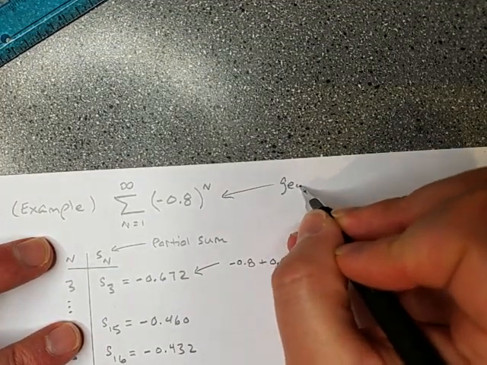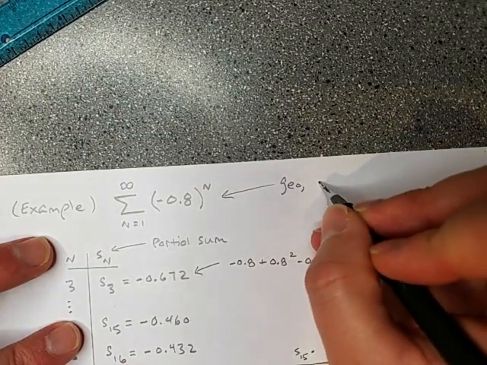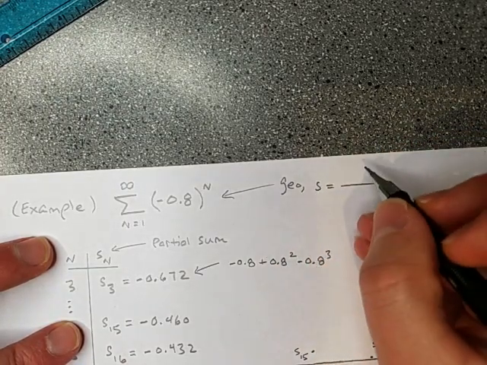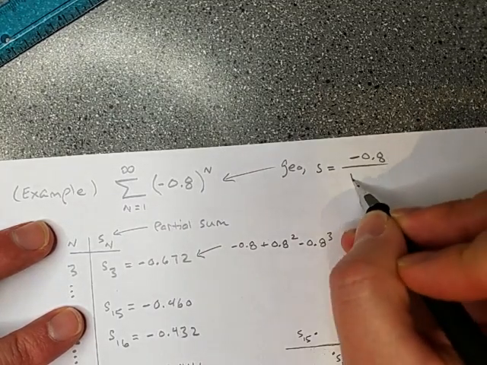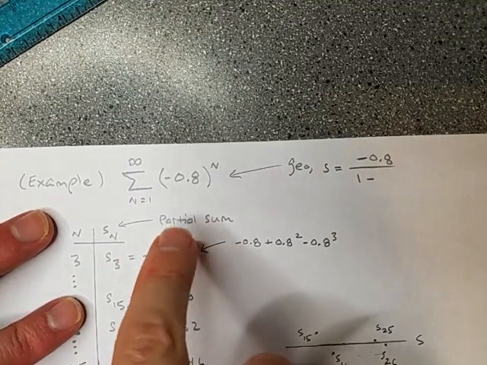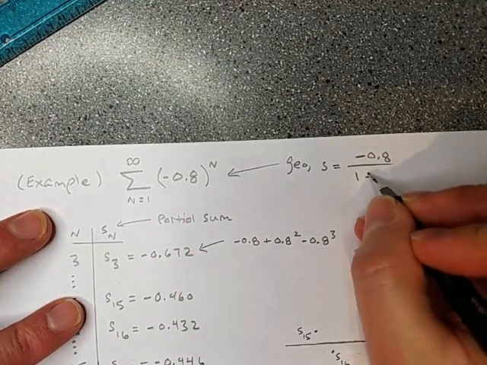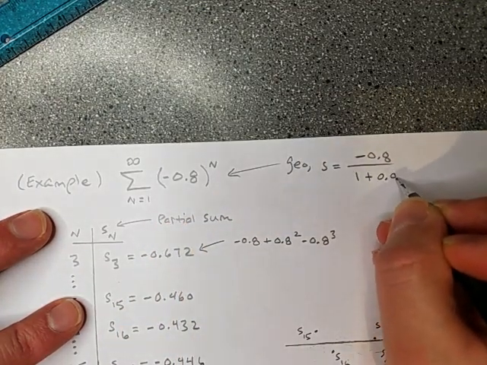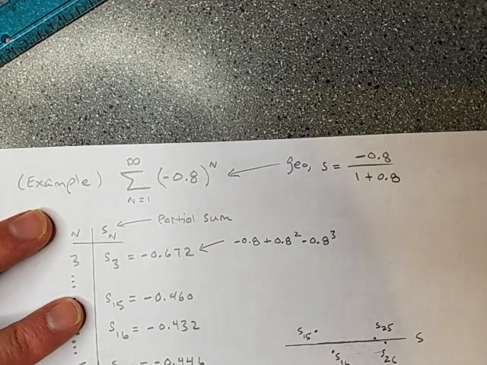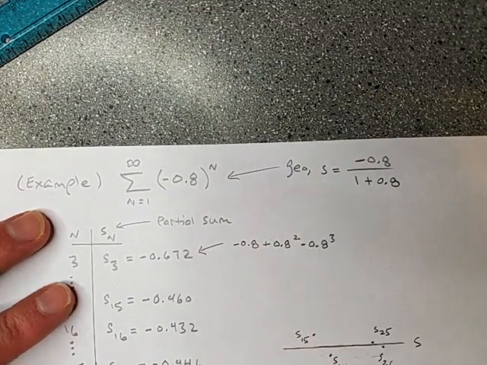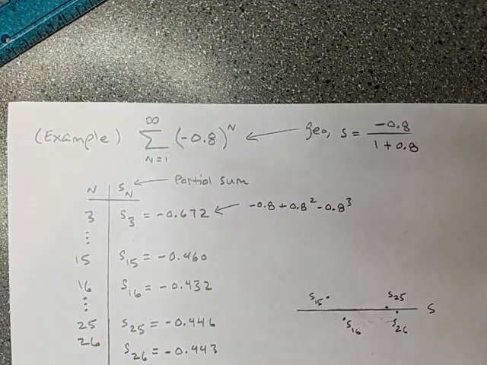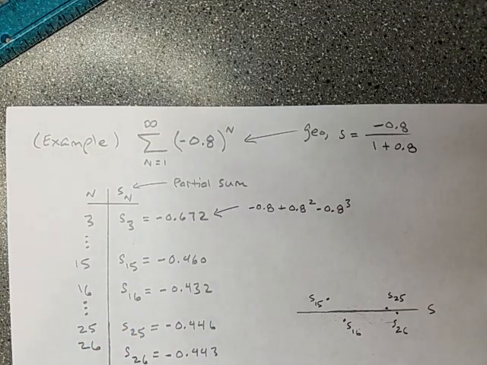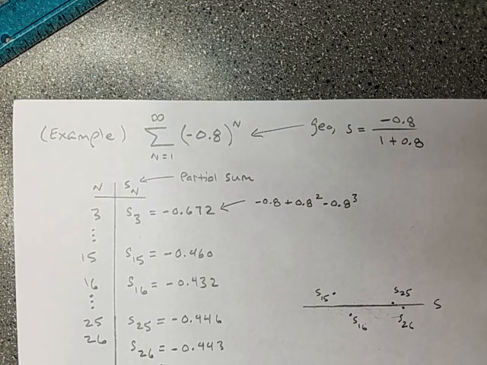It is geometric. And S is a1, negative 0.8, over 1 minus r. What's r in this series? r is negative 0.8. So there's what the series converges to. We go ahead and calculate that and just confirm it with our table. So negative 0.8 divided by 1.8.